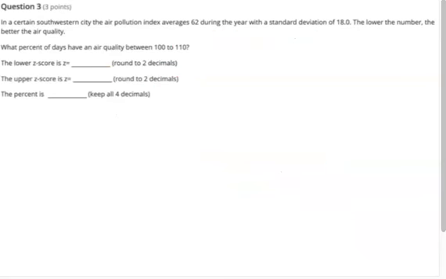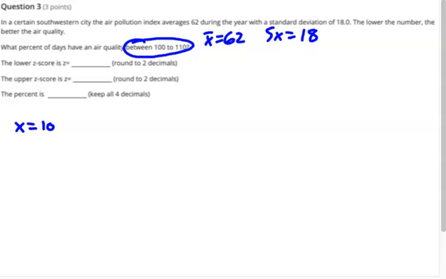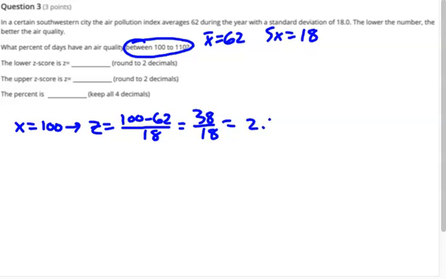Okay, same setup for the third one. Average is 62, standard deviation is 18. What percent of days have an air quality between 100 and 110? So we have two Z's to find. If X is 100, Z equals 100 minus 62 over 18, which is 38 over 18, which is 2.11.